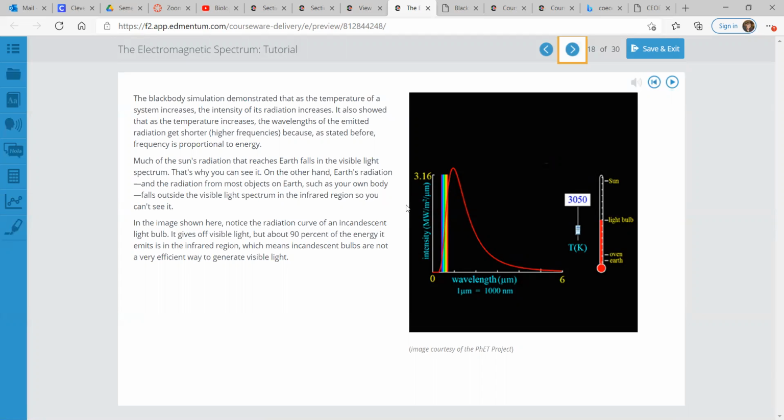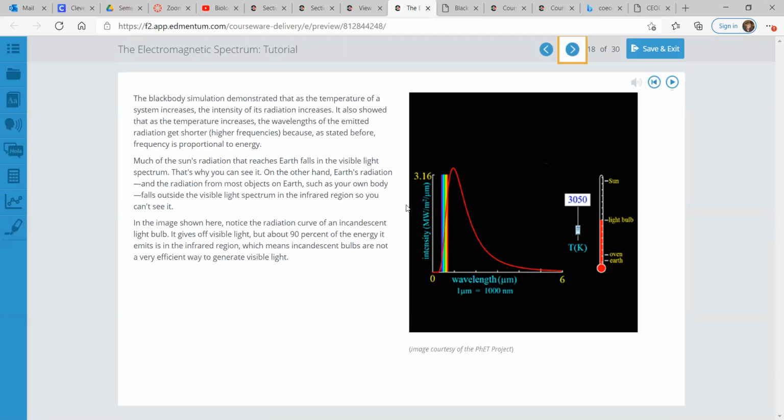Much of the sun's radiation that reaches Earth falls in the visible light spectrum. That's why you can see it. On the other hand, Earth's radiation and the radiation from most objects on Earth, such as your own body, falls outside the visible spectrum in the infrared region, so you can't see it.